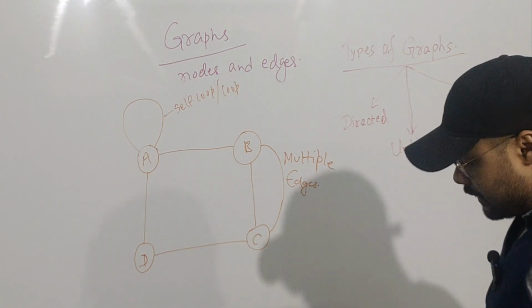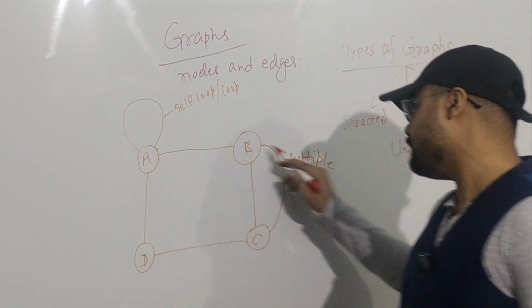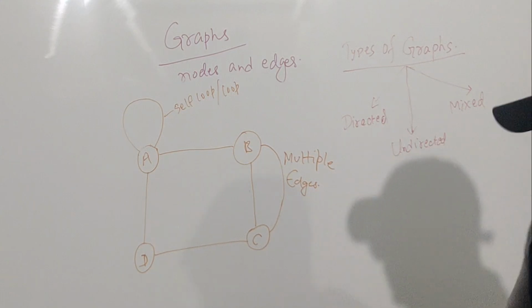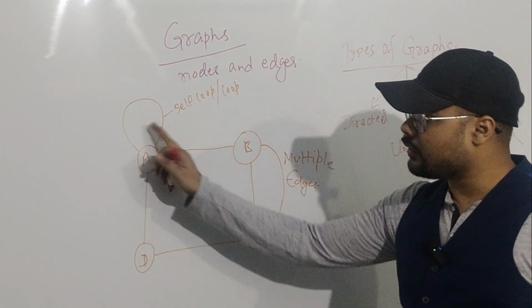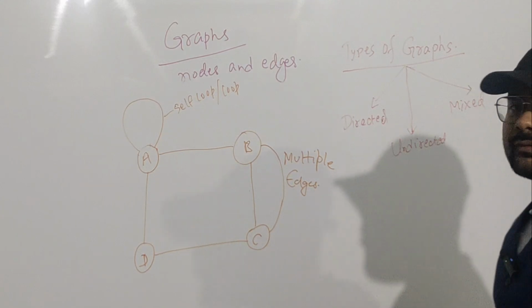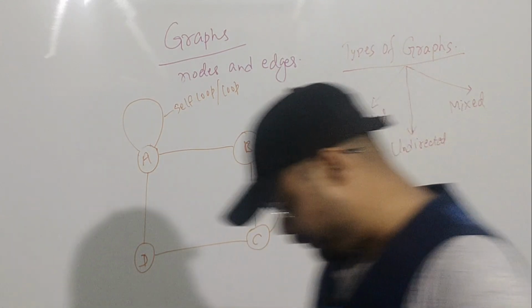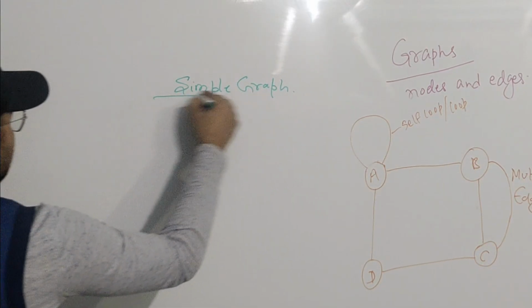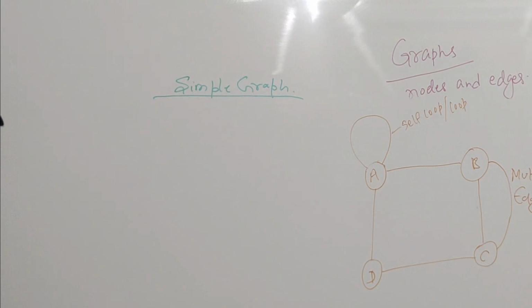Now if your graph does not have any multiple edge and does not have any self loop, then that type of graph is called a simple graph. What is a simple graph?